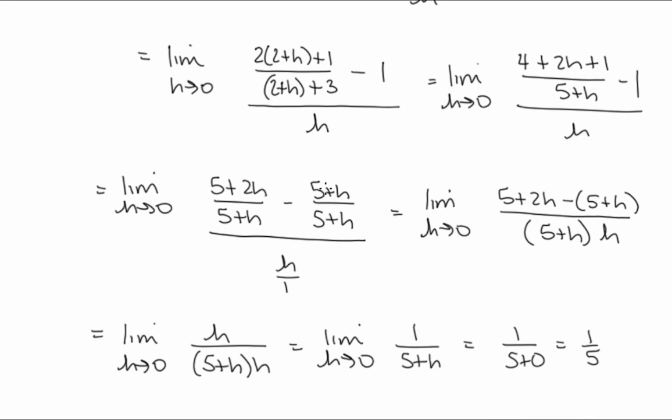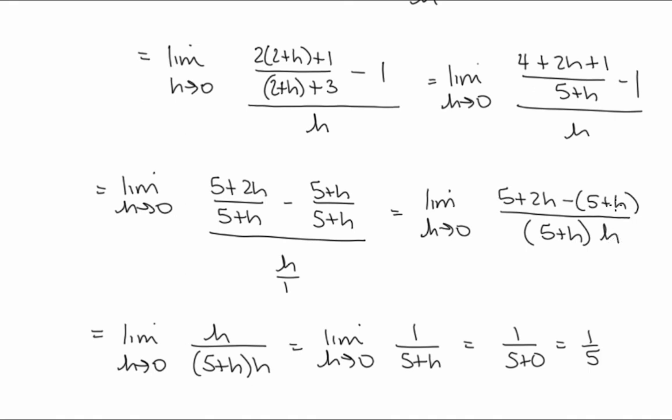And so combining our numerators, we get 5 plus 2h minus the quantity 5 plus h. It's important to remember to use parentheses here or to distribute that negative sign when you're subtracting. Also notice the denominator we have here of h over 1, dividing by h over 1 is the same as multiplying by 1 over h, so that h can just get multiplied into this denominator.